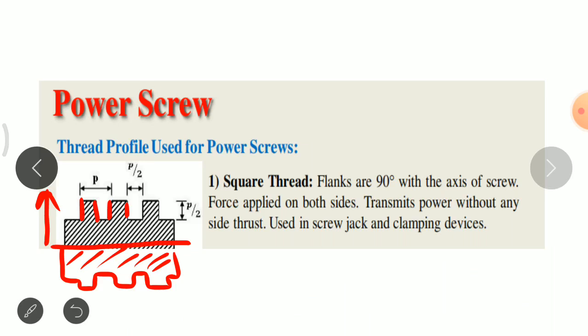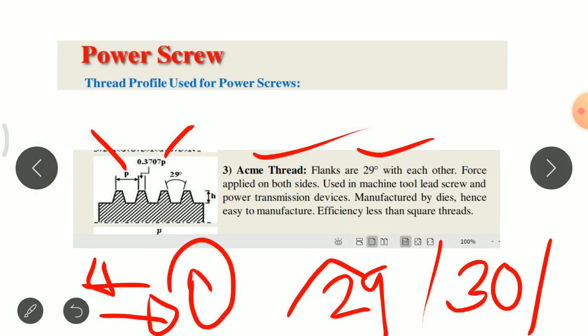An advantage of the Acme thread is that it permits the use of a split nut, which makes engagement and disengagement easy and also compensates for wear. The second advantage is that Acme threads are stronger than square threads in shear because of the larger cross-section area at the root point.